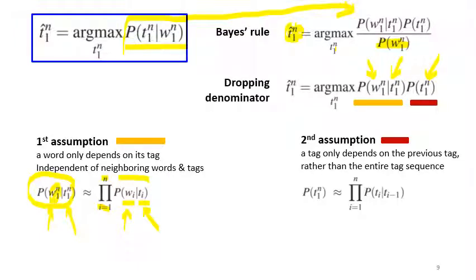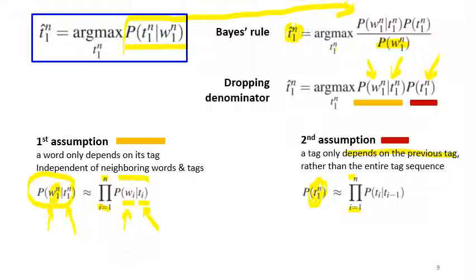And then for the second term of the equation, we put an assumption saying that the tag at a particular position depends only on the previous tag. So when we want to compute the probability of seeing the tags from tag 1 up to tag n as a sequence, we break this down at each position.